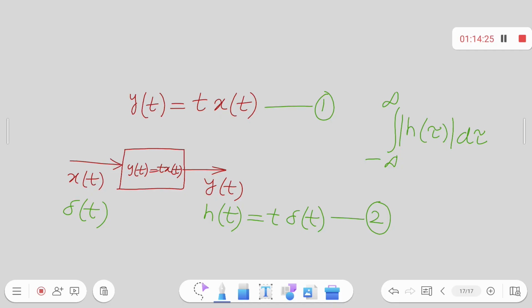But where is the fallacy? Can you tell me where the fallacy is? The second one, the input is only unbounded. No, delta is not unbounded. It exists only for t equal to 0.